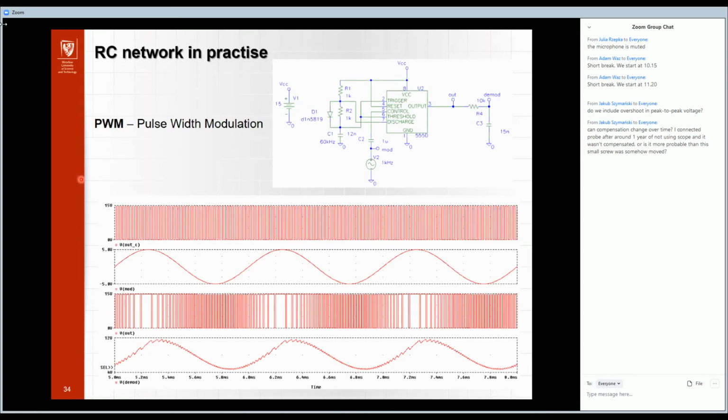So I see one question about compensation, how often we can compensate. We can check this probe, and I think, of course, it's connected with our research, but in practice we can do it, for example, every several years.